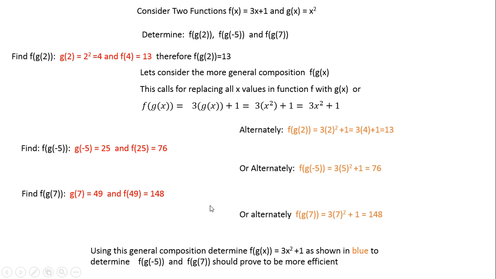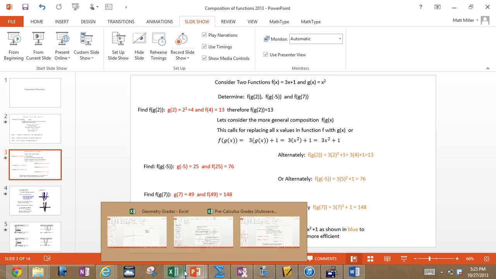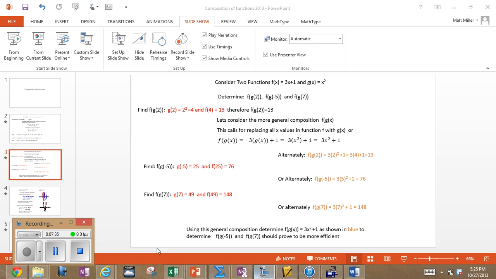So that's basically what we're trying to do: a composition of functions, one function in place of x in the other function. We'll look at more of that in the next presentation. I think that should give you enough to think about for now.